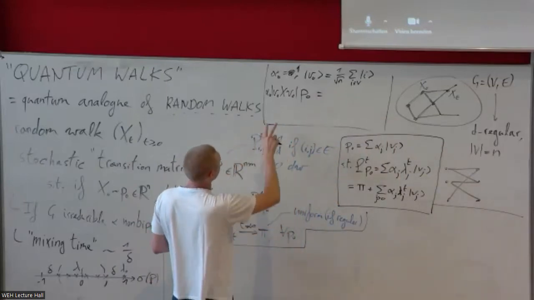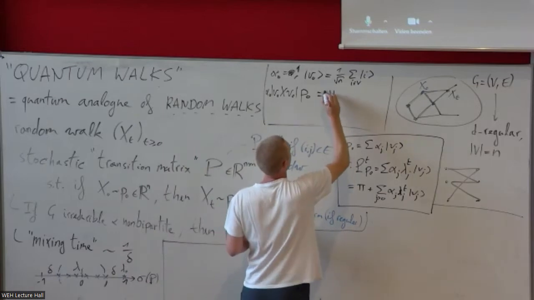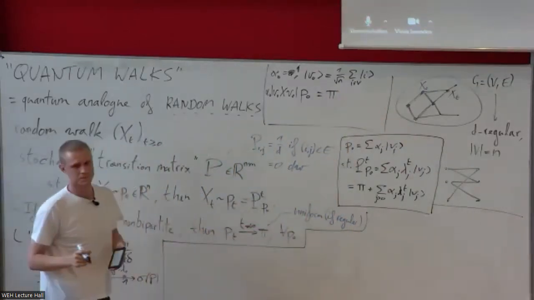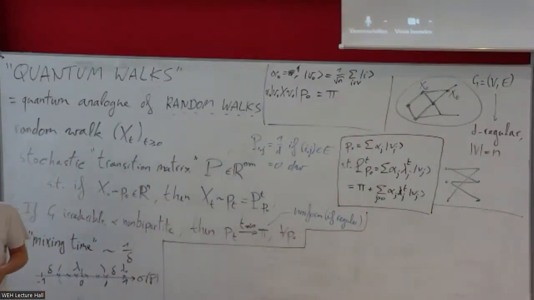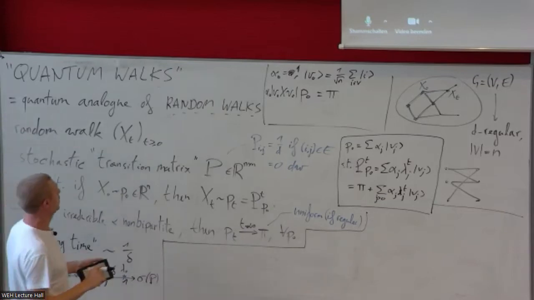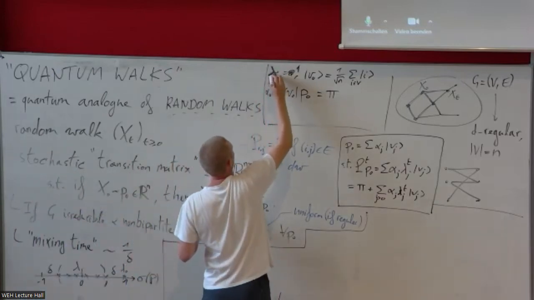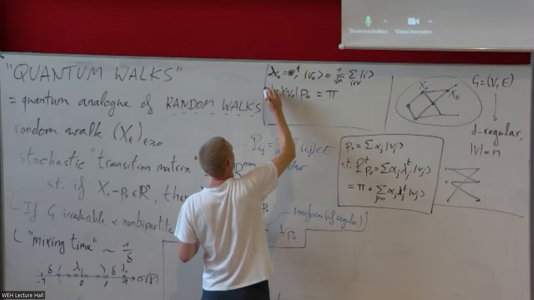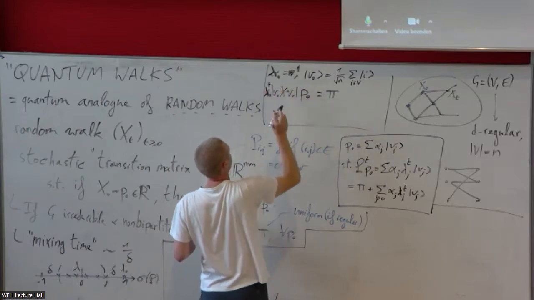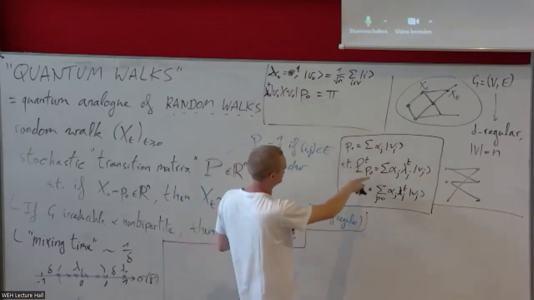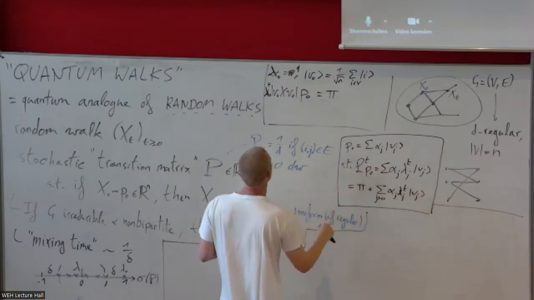Then this will be exactly equal to pi. Oh, sorry, yes, lambda 0, right? This is lambda 0 to the t. The projector on V0 is exactly what we want to put in front here, and this will just be equal to pi.